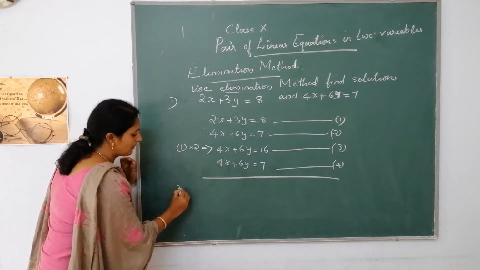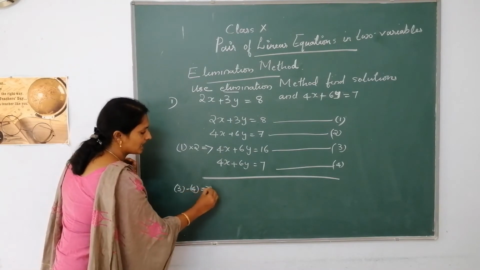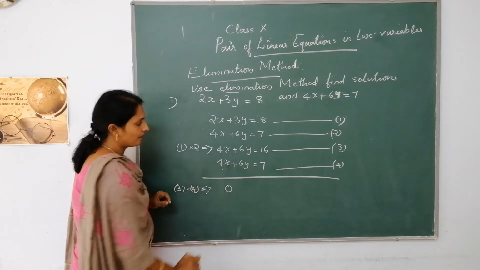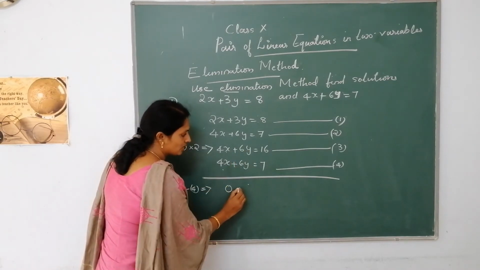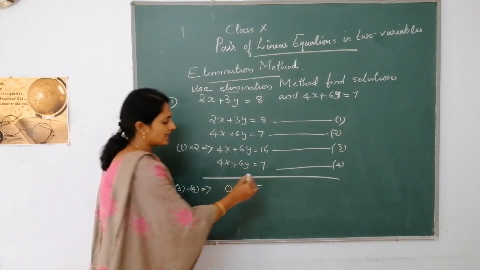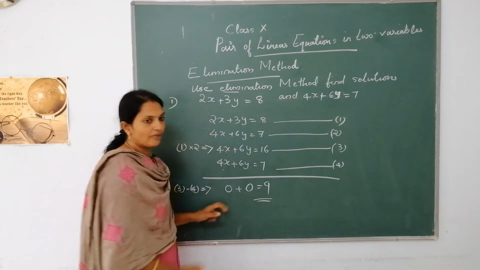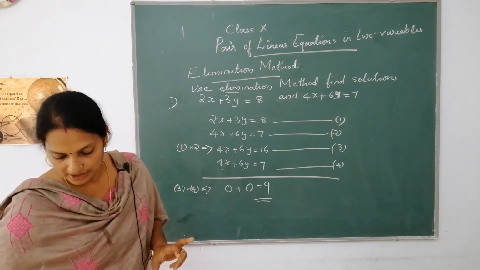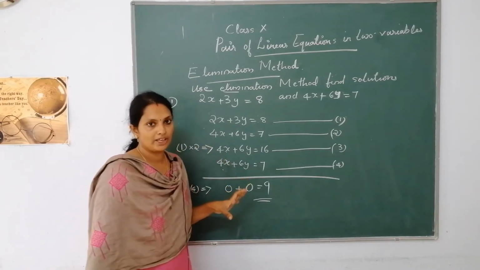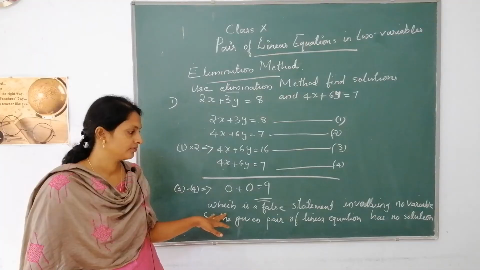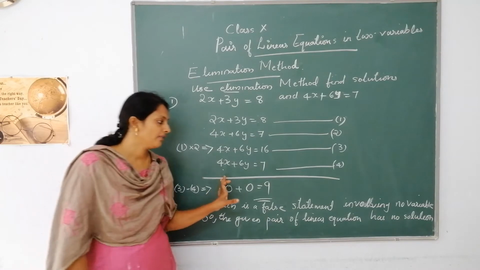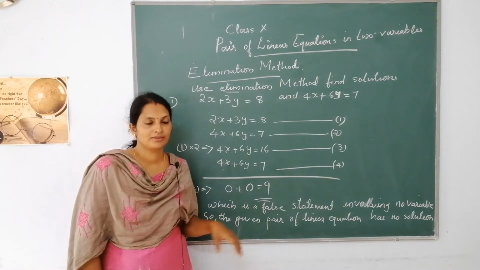Then 3 minus 4: 4x minus 4x is 0, 6y minus 6y is 0, and 16 minus 7 is 9. So we get 0 is equal to 9, which is a false statement involving no variable, so the given pair of linear equations has no solution.